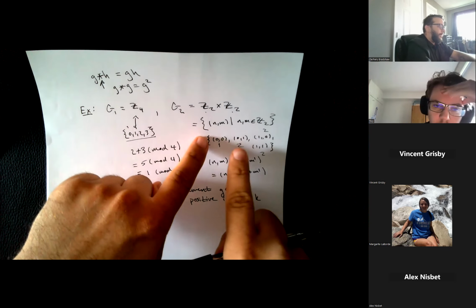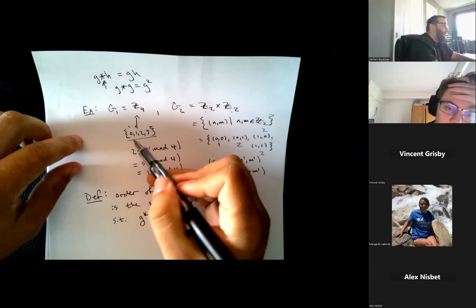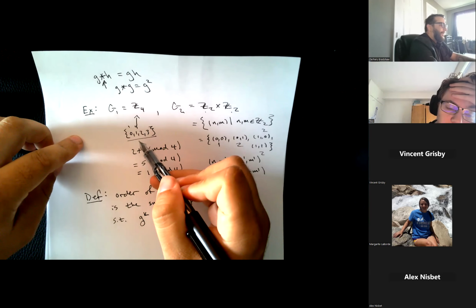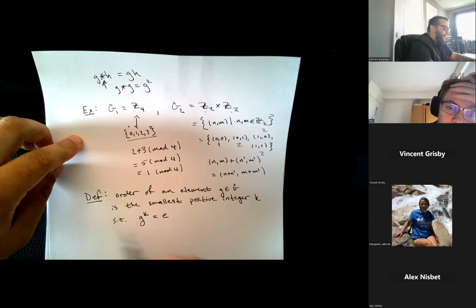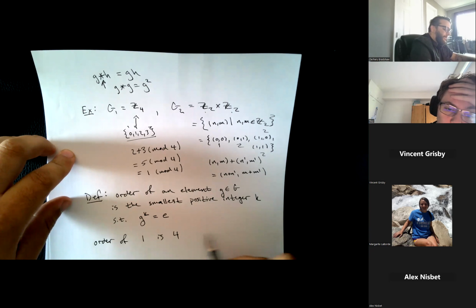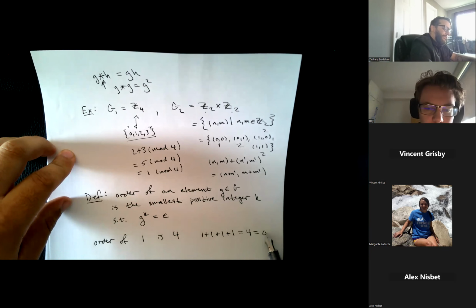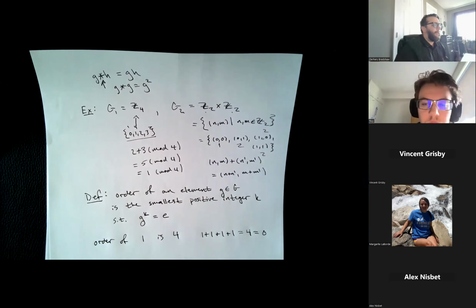So in our groups here, these groups are additive. Additive groups, you usually do write the plus sign, right? So the order of 1 is 4 because 1 plus 1 plus 1 plus 1 is equal to 4, which is equivalent to 0 modulo 4, right?